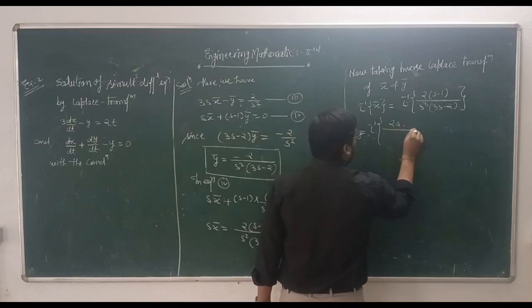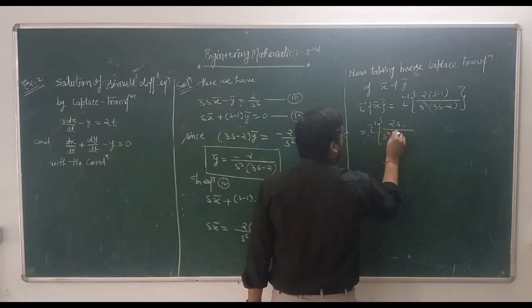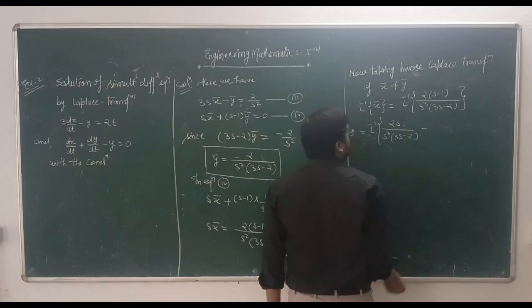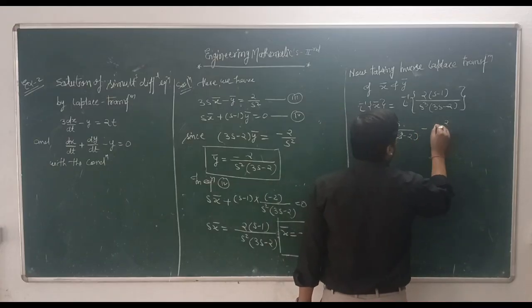2s upon s cube (3s minus 2) minus 2 upon s cube (3s minus 2).